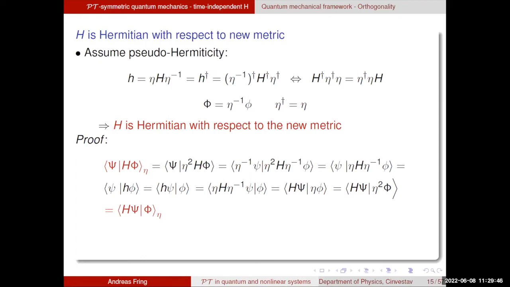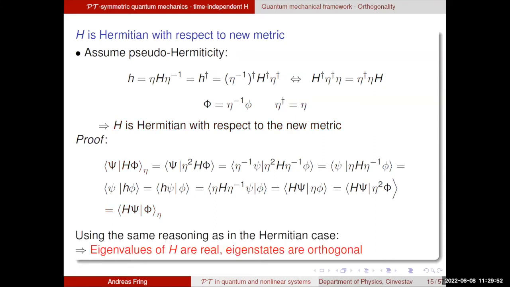And then we can recall just the argument I showed you for the Hermitian Hamiltonian, and we can now guarantee that the eigenvalues are also real. I showed this to you from a spectral analysis, but this also follows now from this argument. And moreover, the eigenstates are orthogonal. That's what we want for a proper quantum mechanical system.